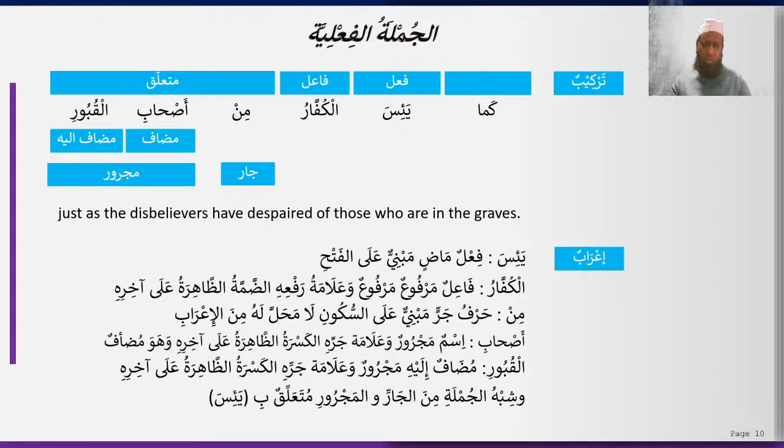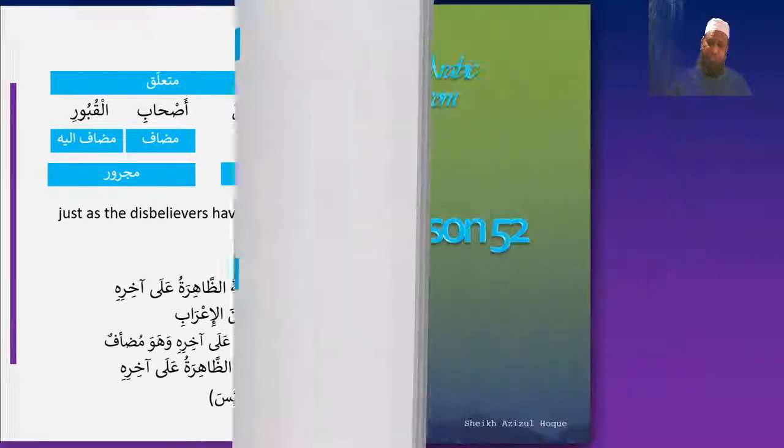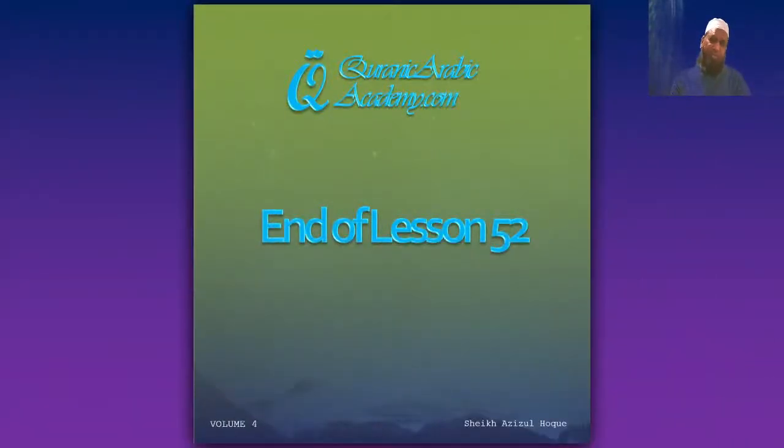Okay, this is one meaning, one translation. The other meaning, other translation, we have to go more in depth to look at that, and inshallah we'll look at that in the next lesson. So this is the end of lesson 52.